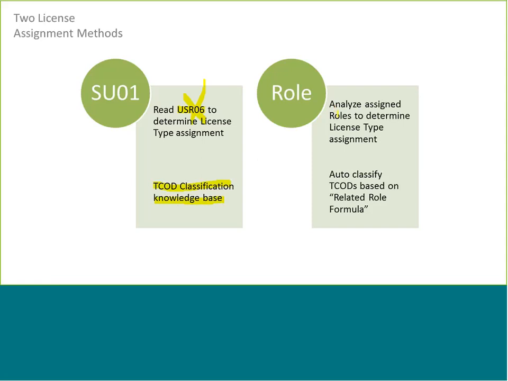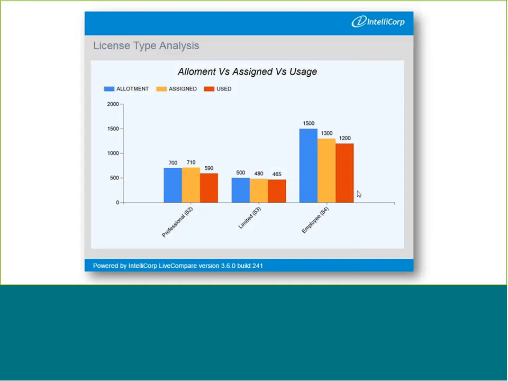So you can have an employee with many roles assigned to them, an active employee, and based on the most critical role, they'll inherit that license type. And from there, you don't need a knowledge base because there's a formula right in LiveCompare that will categorize and prioritize every T-code that you use based on the role that it's assigned to. And there's also some smart filtering in there too that I'll show you as we go along.